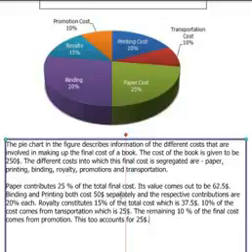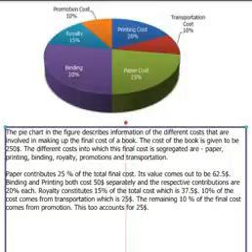So we've given information cost-wise and percentage-wise as well for each of the different costs that make up the final cost of $250. Now we are just left with the conclusion.